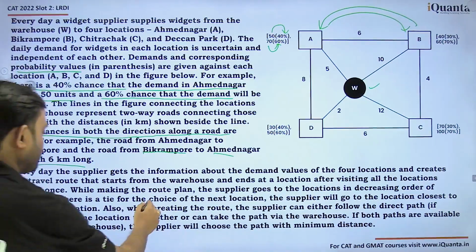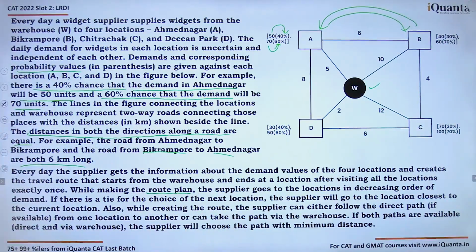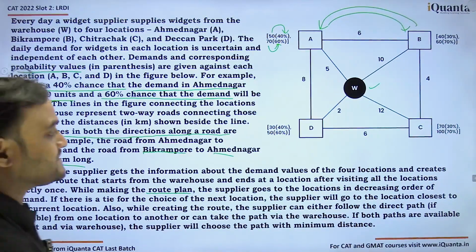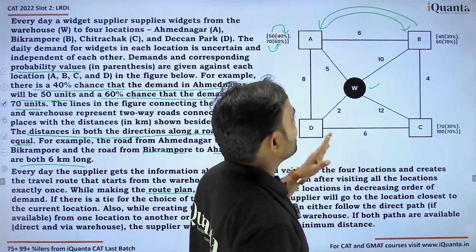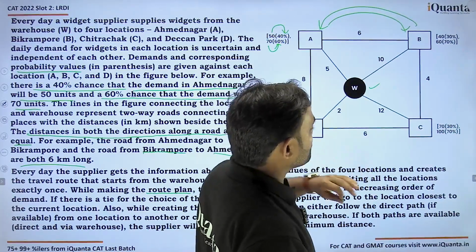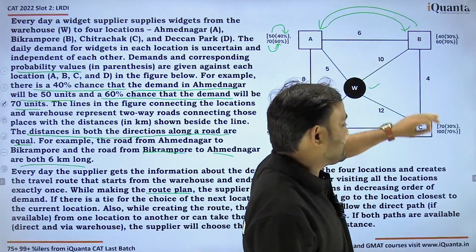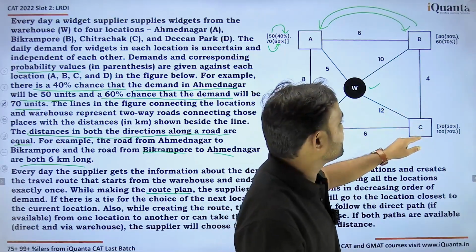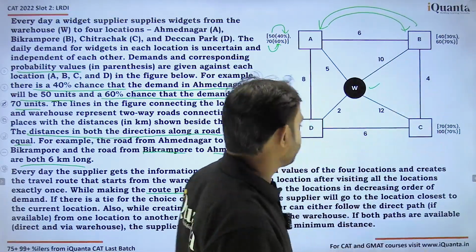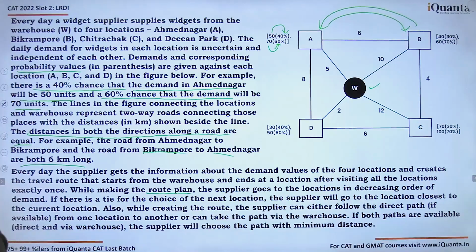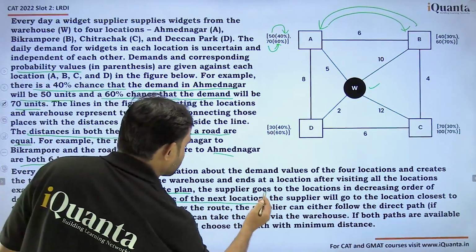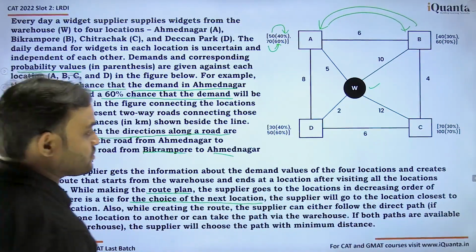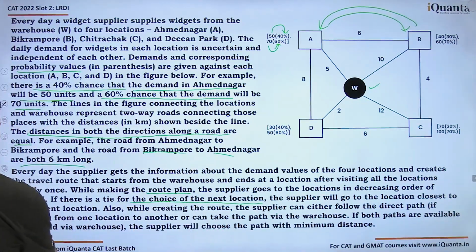While making the route plan, the supplier goes to the locations in decreasing order of demand. Decreasing order of demand means we can never go to B first and then C, because in C demand is always greater than B. Now, if there is a tie for the choice of next location, the supplier will go to the location closest to the current location.